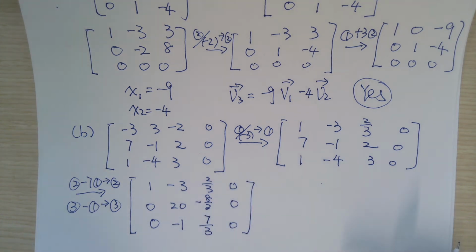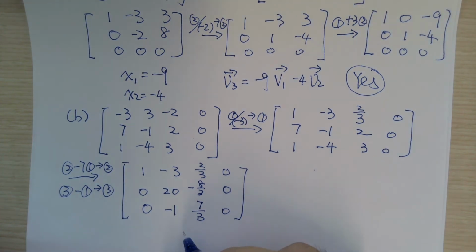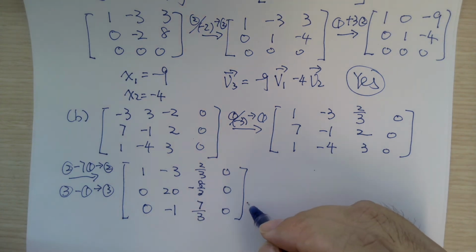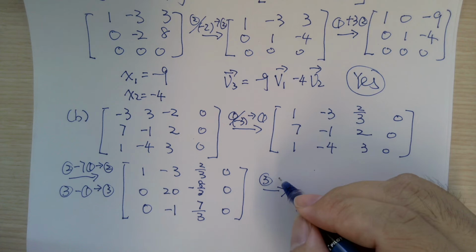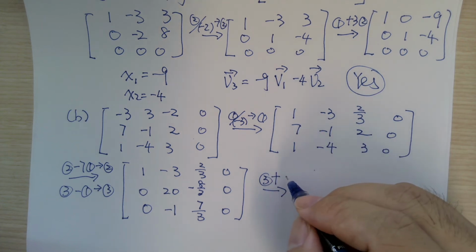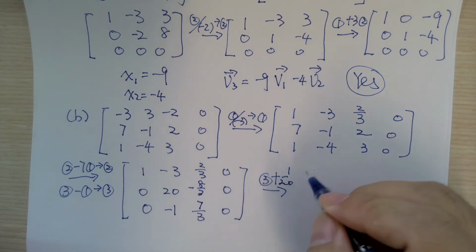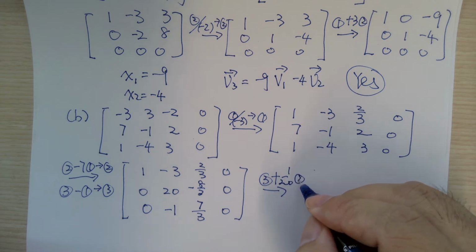Now, of course, you can continue to do a lot of things here. One thing you can do is use row 3 plus 1 over 20 times row 2.